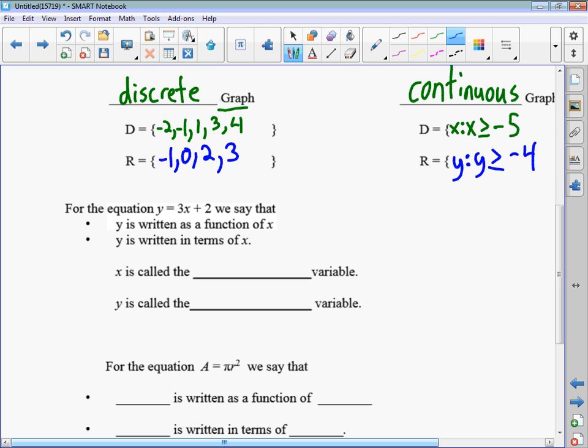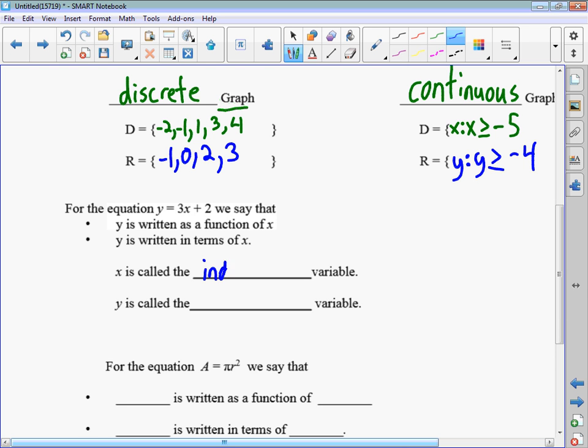So when we're looking at equations and talking about how to write them in function forms, for the equation y equals 3x plus 2, we say that y is written as a function of x, or that y is written in terms of x. And that means that x is called the independent variable.